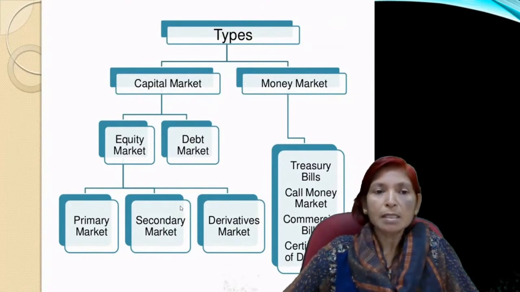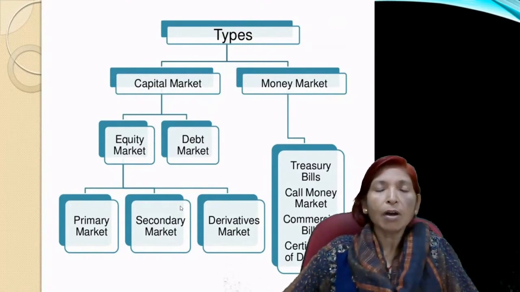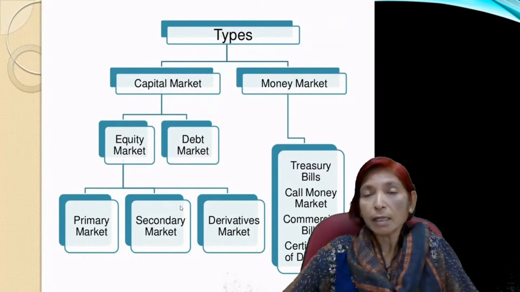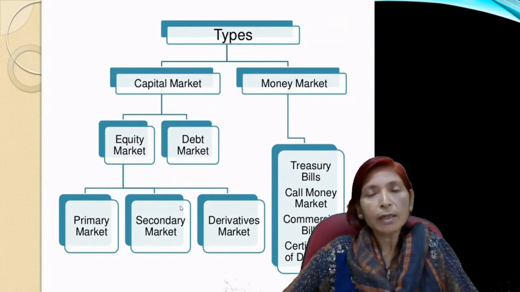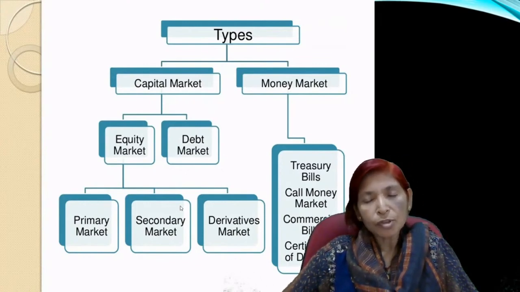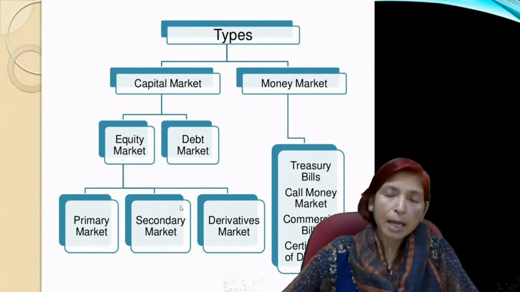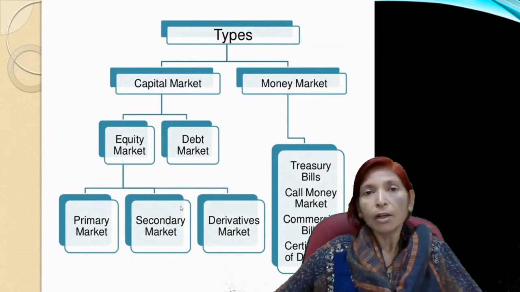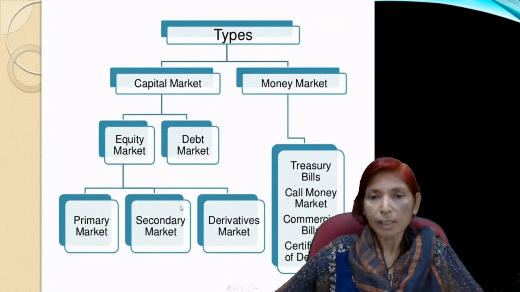Capital market is that market which provides funds for a longer time period, and money market is that market which provides funds for a short time period. So this is the basic difference between capital market and money market. Capital market provides long-term funds and money market provides short-term funds.